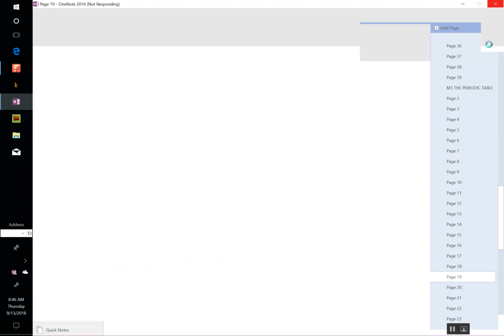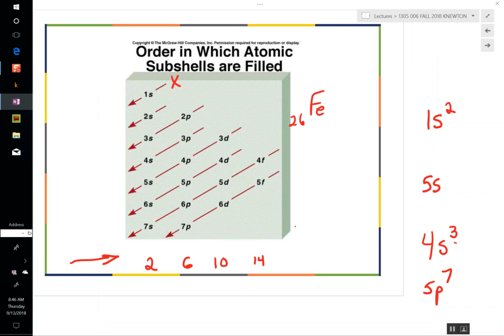This is a fluorine atom. That's the name you have on your periodic table. This is a fluoride ion. An ion is an element that has gained or lost electrons.